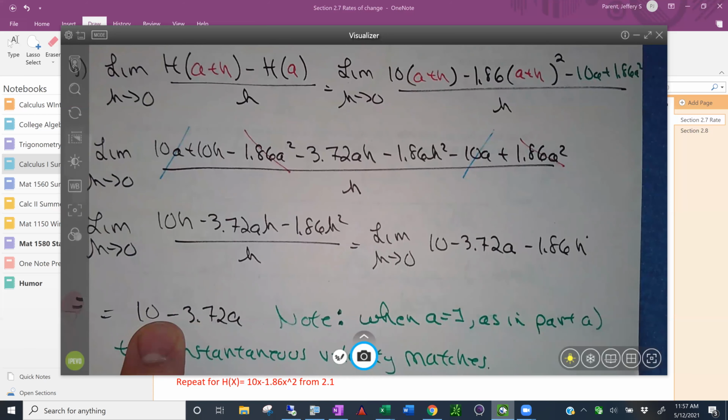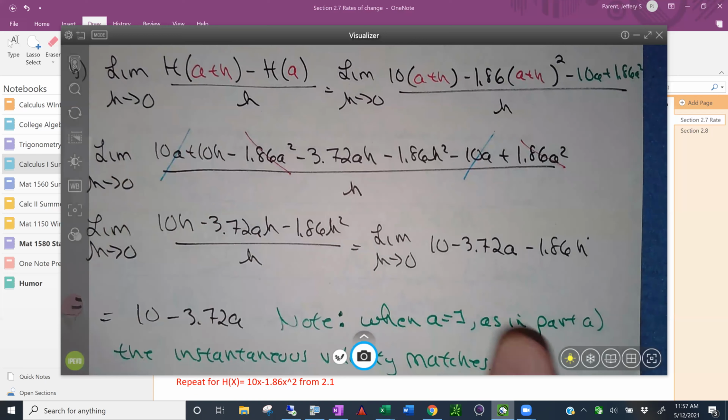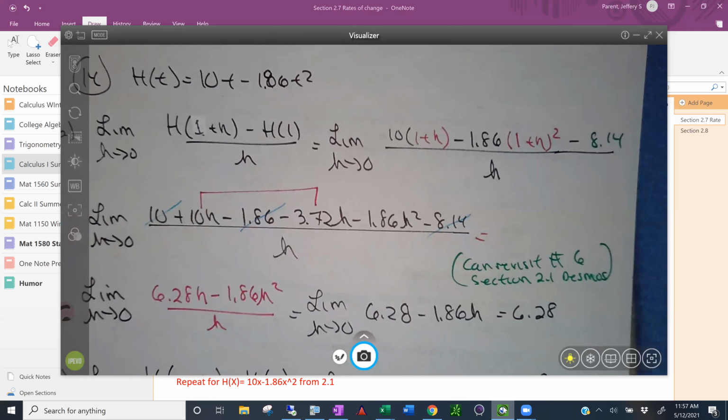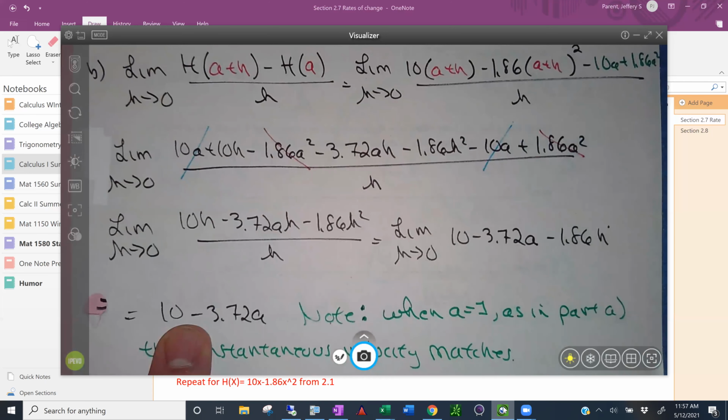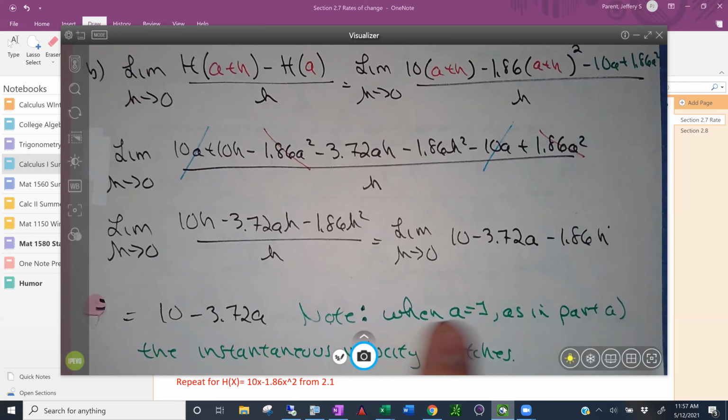The nice thing about this, though, is that because I did it with a general point, a, instead of a specific point, 1, now I can find the slope of the tangent line anywhere I want by plugging in a different value of a. If I plug in a equals 1, as I did in the first part of this, I end up with 6.28.